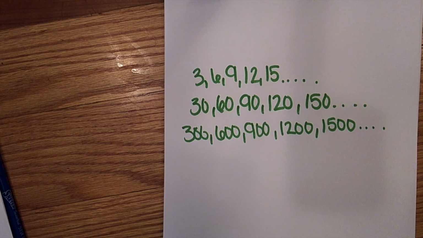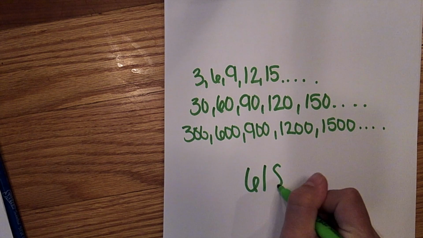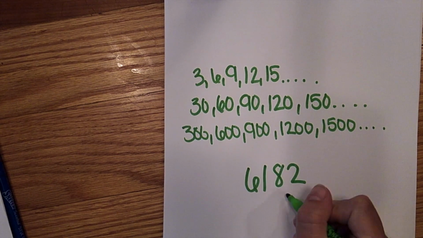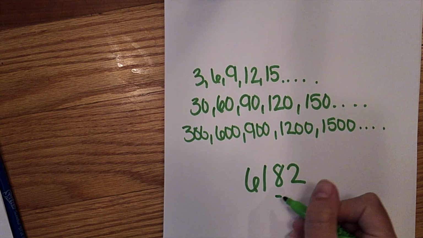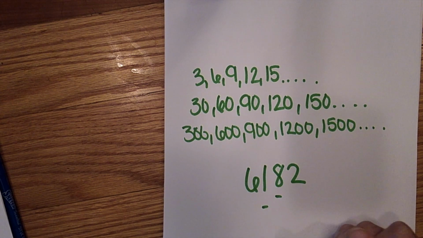You're going to put all of the cards together, shuffle them up, flip a set of numbers, and you're going to practice rounding. So if you flip a 6, a 1, an 8, and a 2, that's going to represent 6,182. You can say round to the nearest 10. Then you can have them round to the nearest 100. You can even have them round to the nearest 1,000.